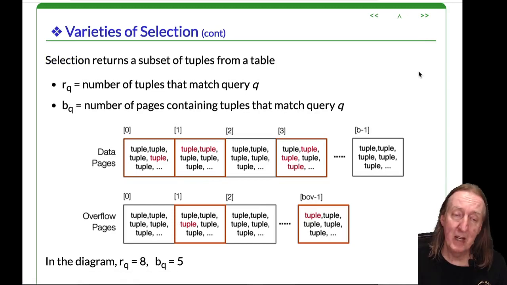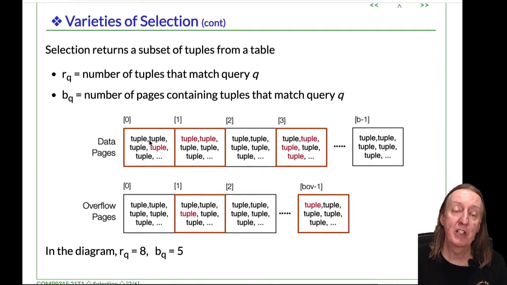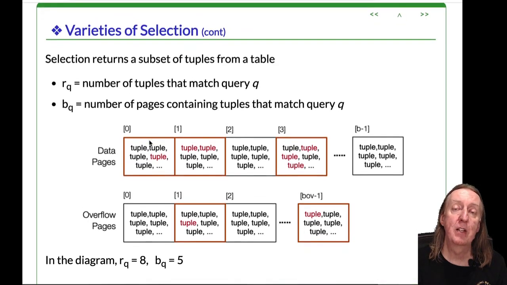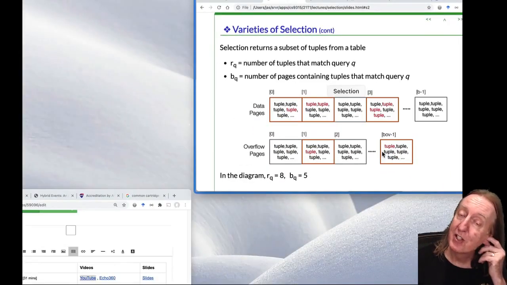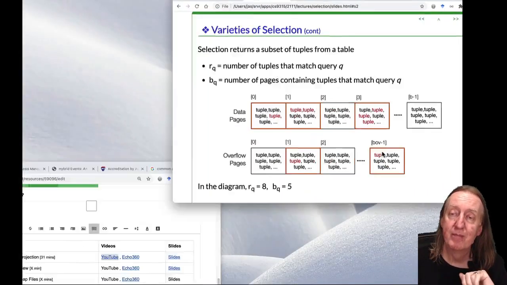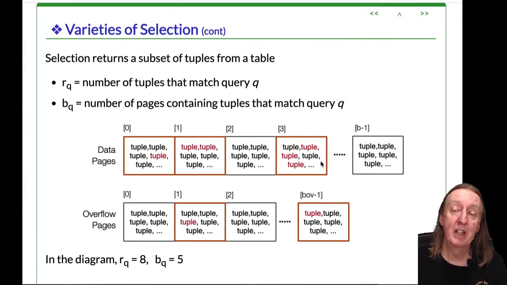So here diagrammatically is what we're going to discover when we run a selection clause. So some pages, the ones highlighted in red, contain matching tuples. Only some of the tuples in the page are matching. And this is a general type statement. Certain different types of queries will perhaps have all of the tuples in a particular page matching.